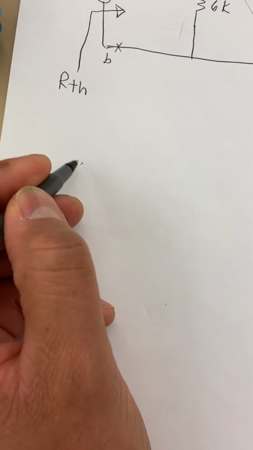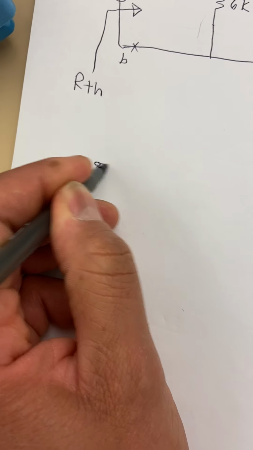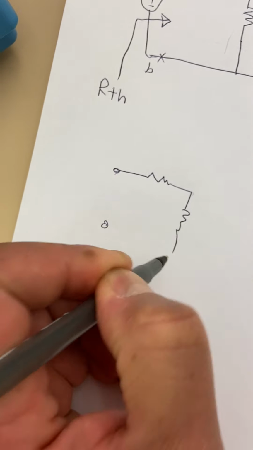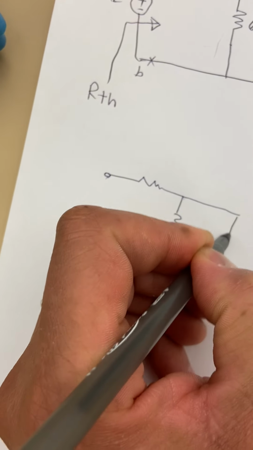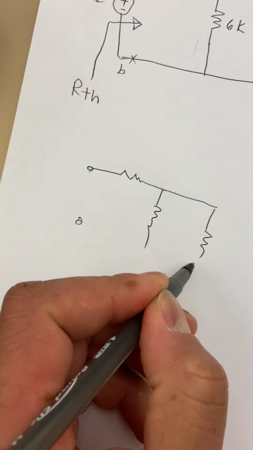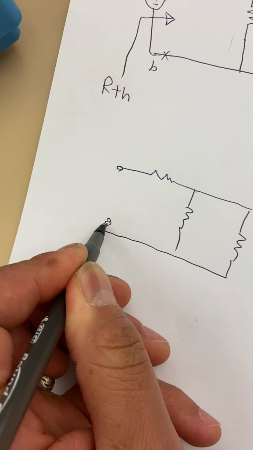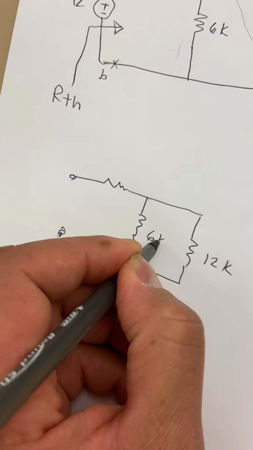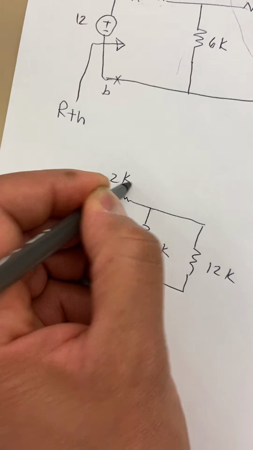So the new shape should look like this, so let's just draw our resistances here. Here is the 2K, here is the 6K, and here is the equivalent resistance first value, which is 12K, and here is 6K, and here is the 2K.